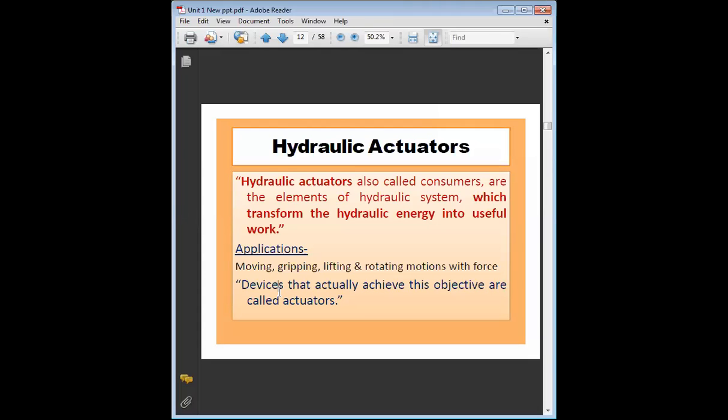I will start with the introduction and the classification of hydraulic actuator. This point we have already discussed in the last lecture, but for revision purposes, I will start with the introduction of the hydraulic actuator.